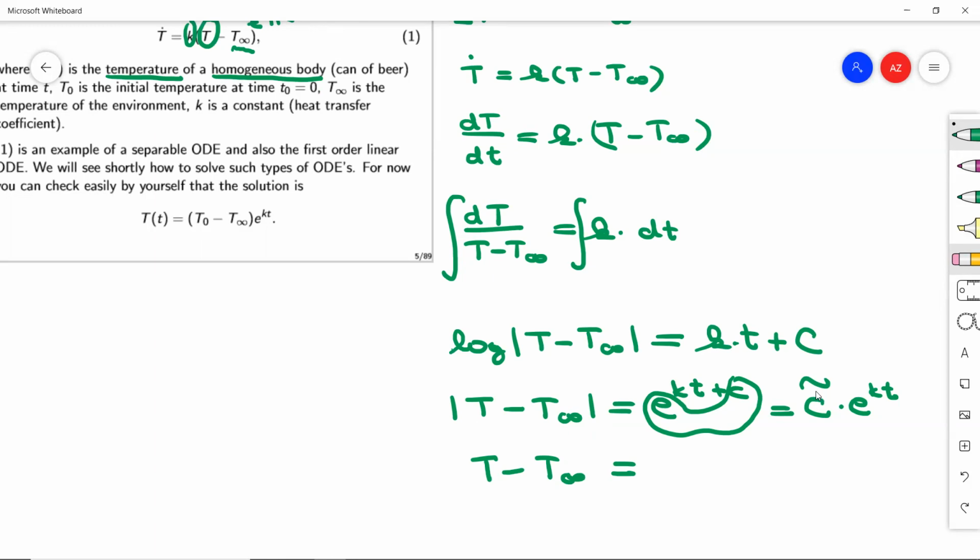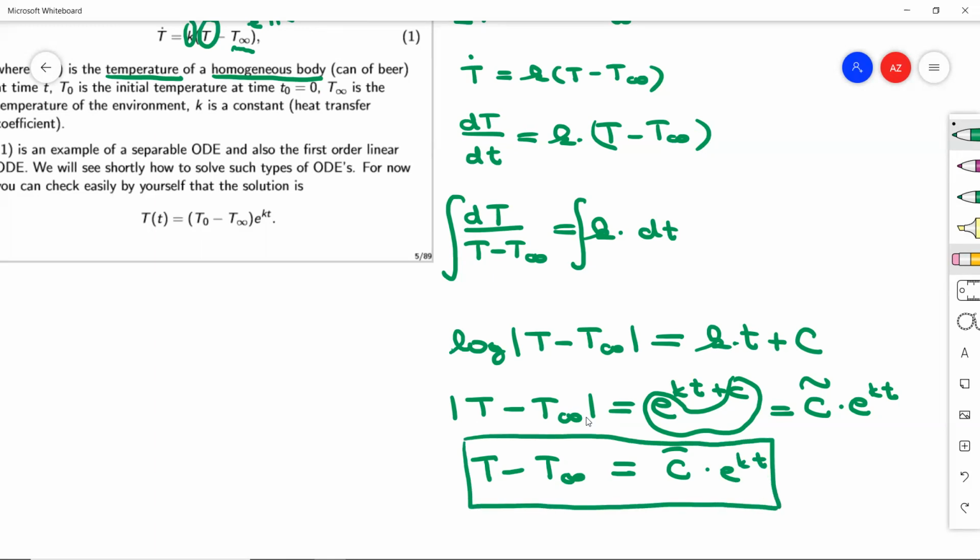Since this C tilde is a constant, it absorbs the minus. So we can forget about the absolute value and only write that T minus T infinity is C tilde times e to the power of kt. And this is the solution of our differential equation.